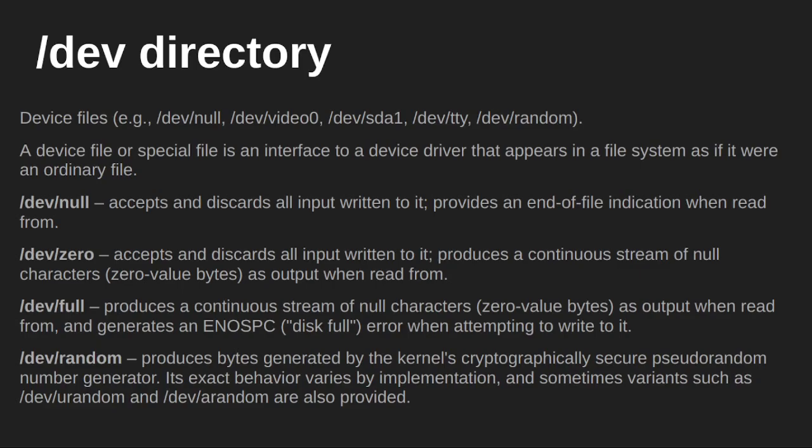Dev full produces a continuous stream of null character, zero value bytes as output when read from, and generates a disk full error when attempting to write to it. Dev random produces bytes generated by the kernel's cryptographically secure pseudo-random number generator. Its exact behavior varies by implementation depending on the operating system, and sometimes variants such as urandom and arandom are also provided.